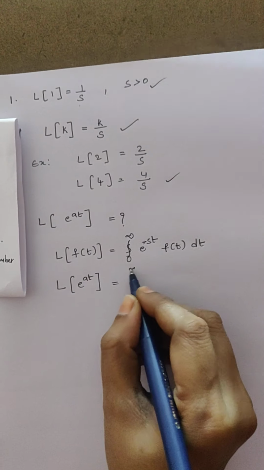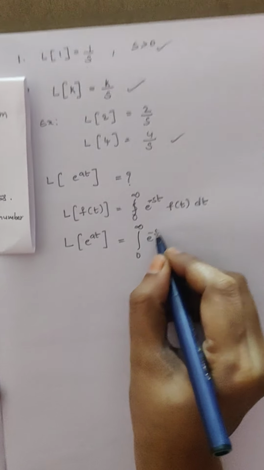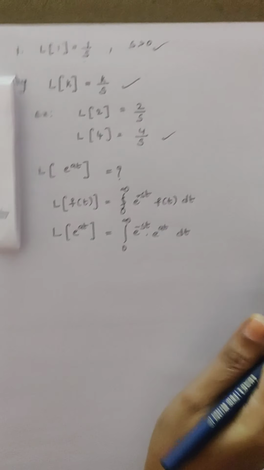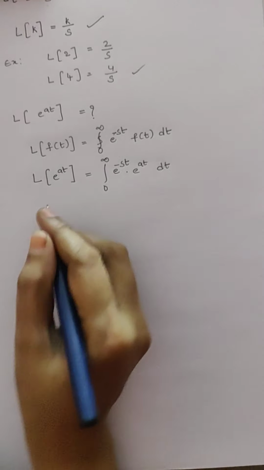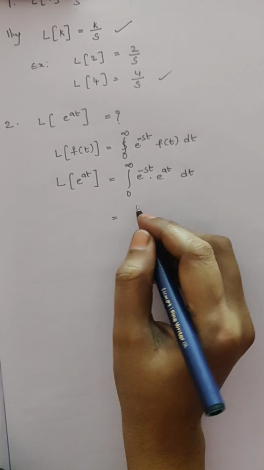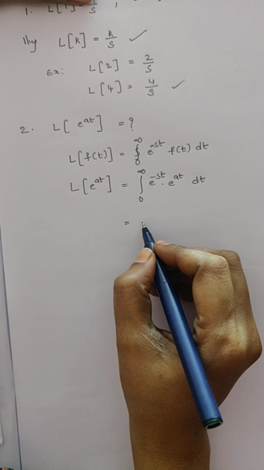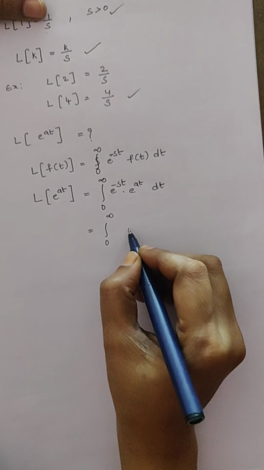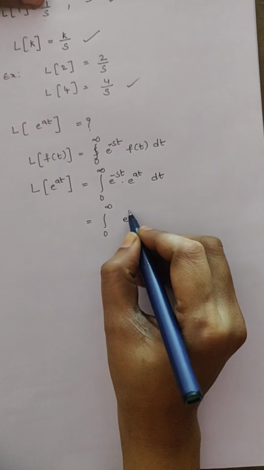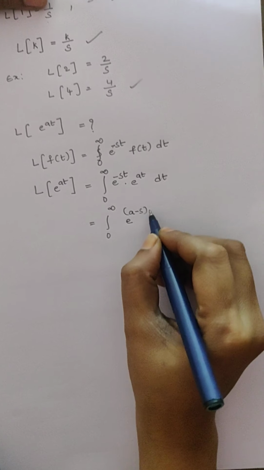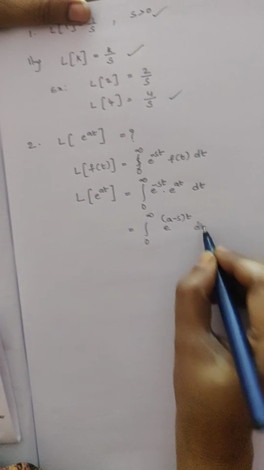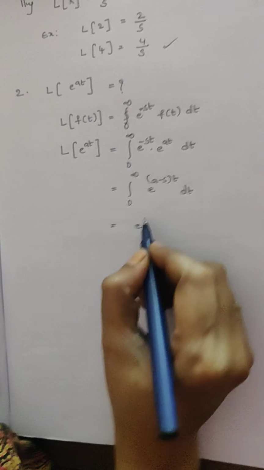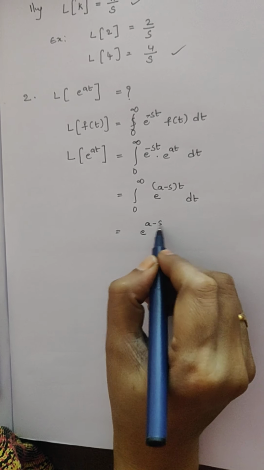So integral 0 to infinity e power minus st times e power at dt equal to, with respect to t integration, take t common, e power a minus s t dt. If we evaluate the integral, you will get a minus s.